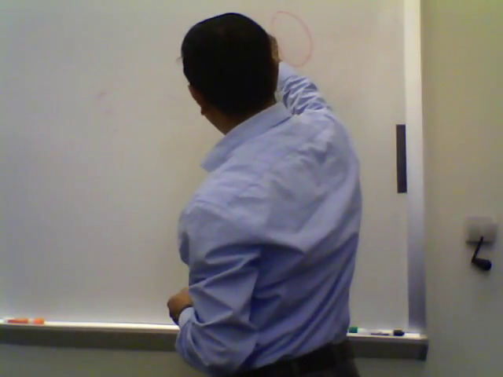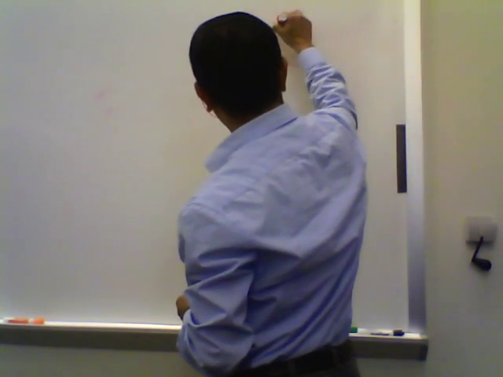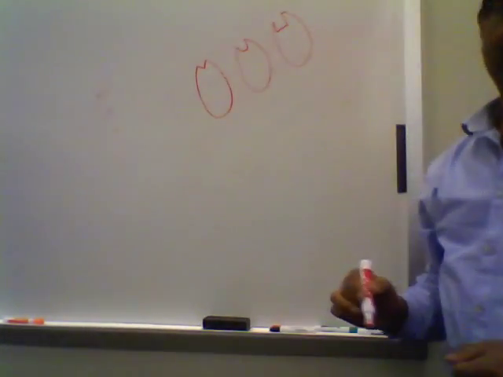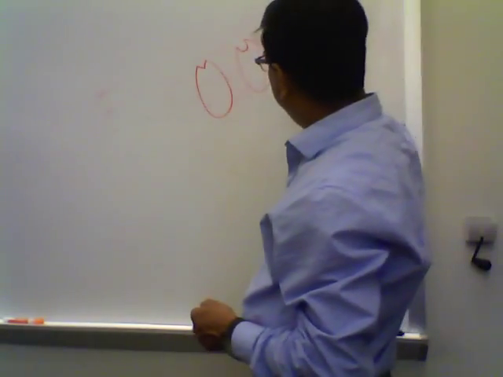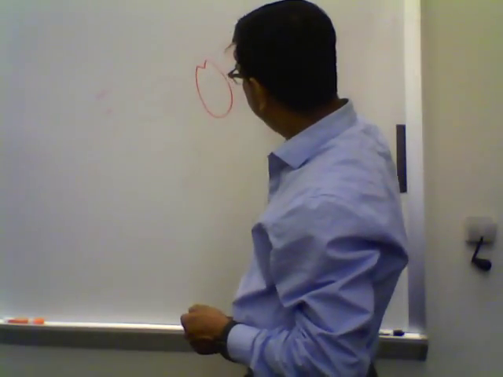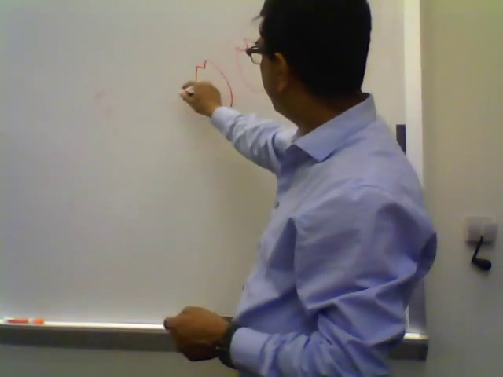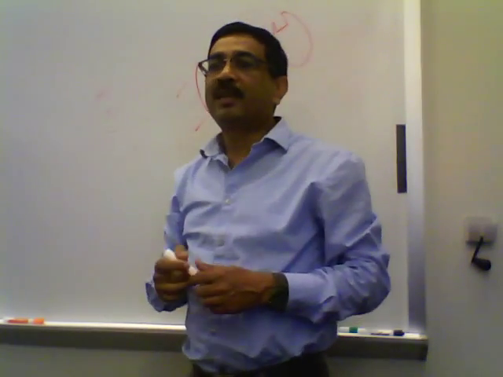This one has also a binding site like this. This one has a binding site like this. So these are three different integral proteins. All of them have binding sites for chemical molecules that will work on the cell. So what are the chemical molecules?